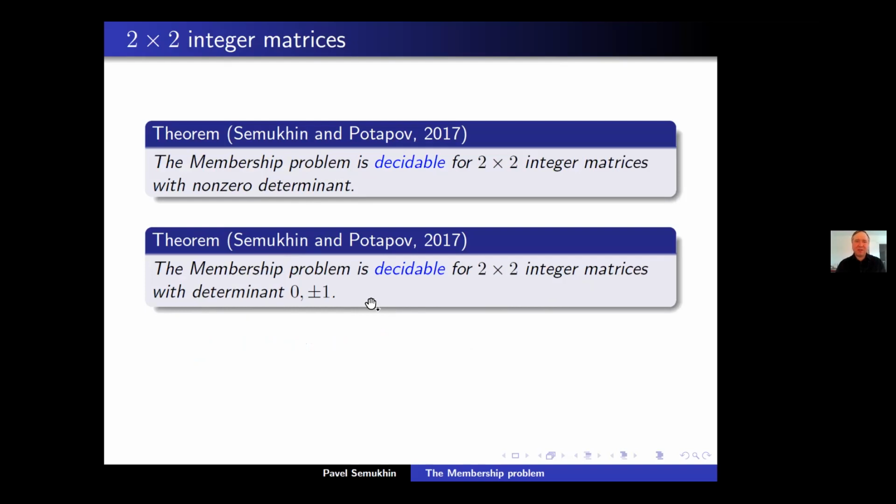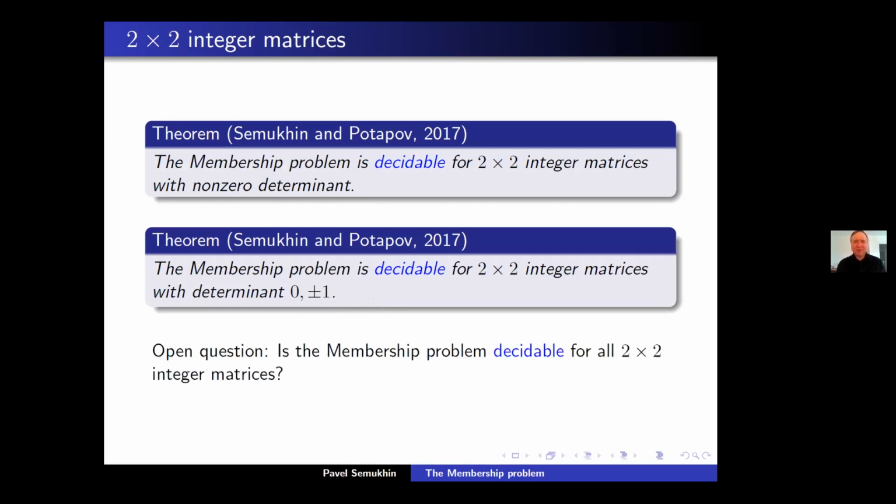So in other words, we extended the previous result for GL2Z in 2 kind of orthogonal ways. In the first case, we extended it to all matrices with non-zero determinant. And in the second case, we have all matrices with zero determinant and the matrices with determinant plus and minus 1.